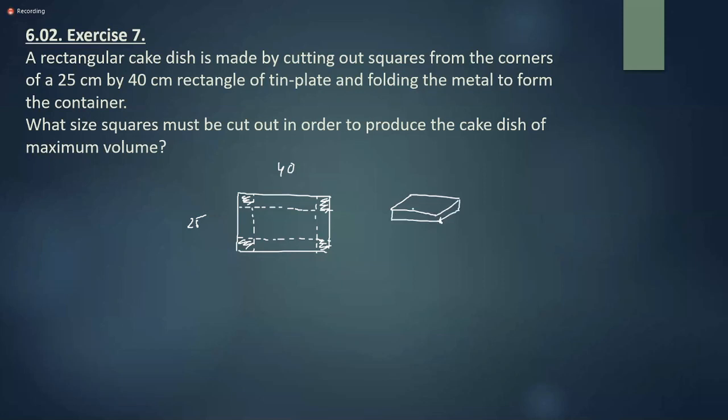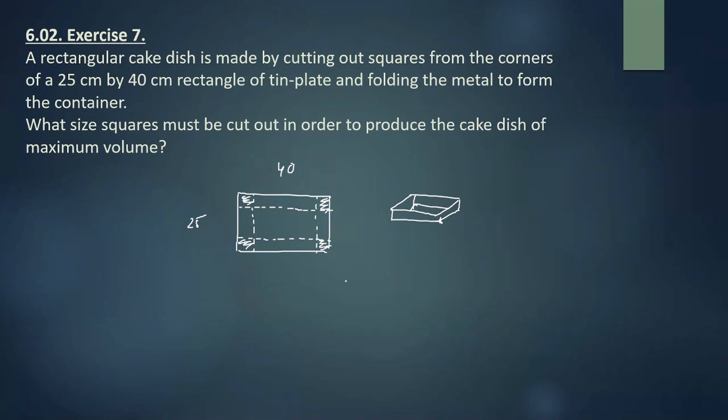You can fold up the sides to make a box or a rectangular dish or whatever you want to make. So the question is again, if we have a piece of paper or of tin plate or of cardboard, what size squares should be cut out at the corners to get the maximum volume?